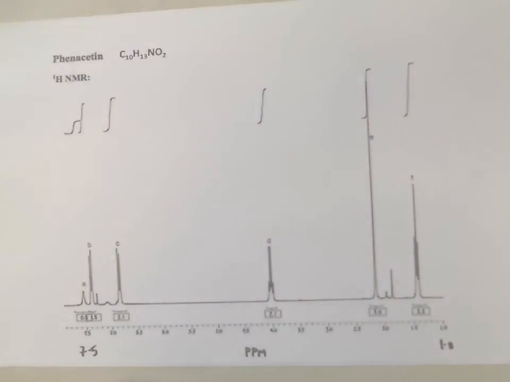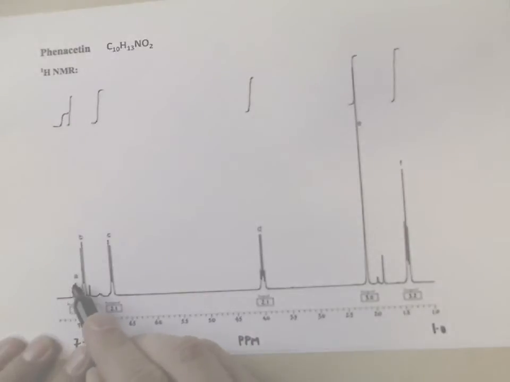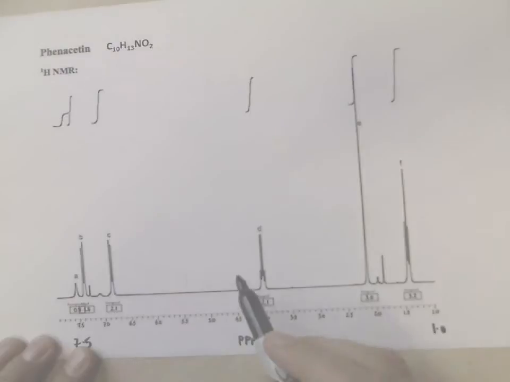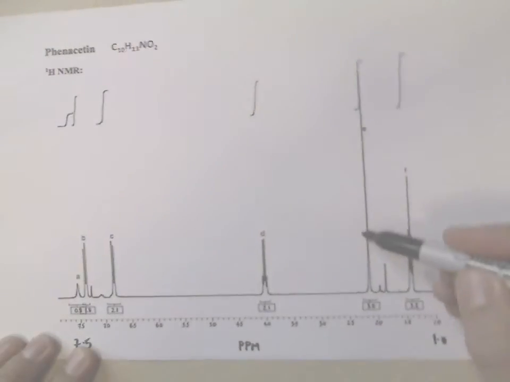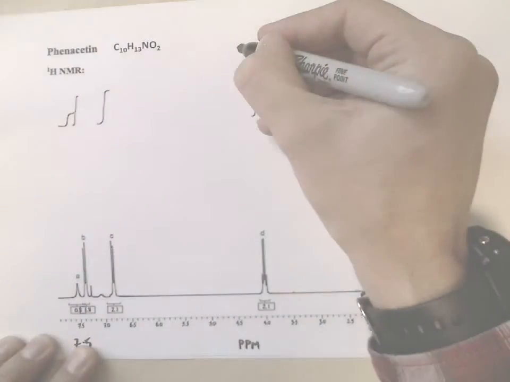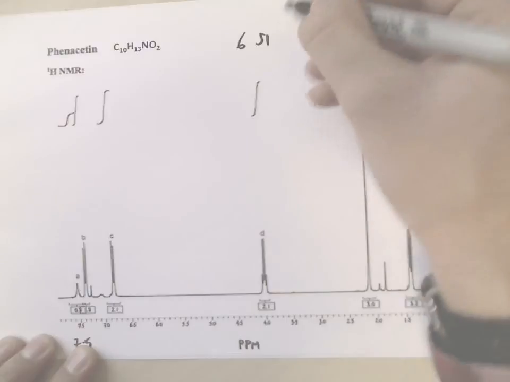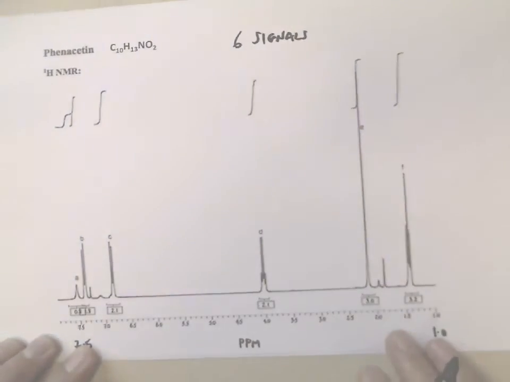Well, the first thing to do is count up the number of different signals in the NMR, major signals. So we have 1, 2, 3, 4, 5, 6. So we have 6 signals, sometimes called peaks.